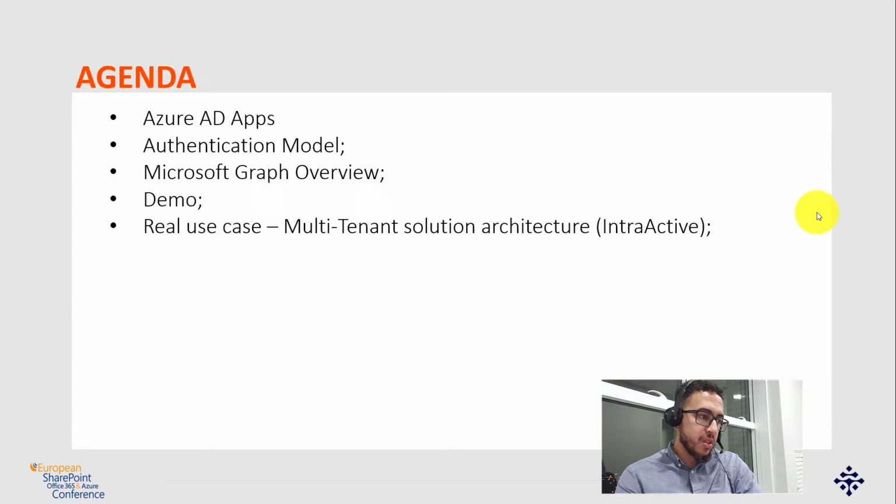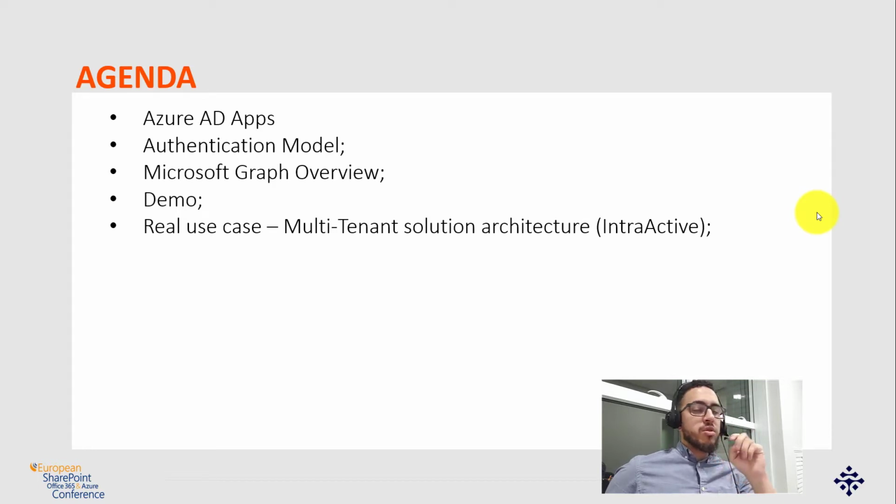Okay, so let's start. I'm just putting some agenda here so this can lead us. We'll discuss a little bit about Azure AD Apps, how this works, which scenarios we can use, and the authentication model of it, because it's important for us to understand the security part and how the authentication will work for Azure AD Apps and this multi-tenant stuff.